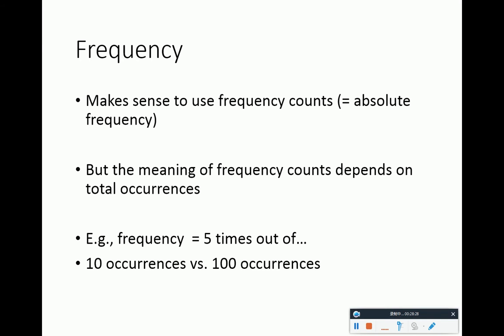So obviously this number 5 has different meaning. 5 in this context actually means half. Half of the time we'll observe a particular outcome. But 5 in this context simply means this outcome is very rare, because 5 out of 100, that is 1/20th.